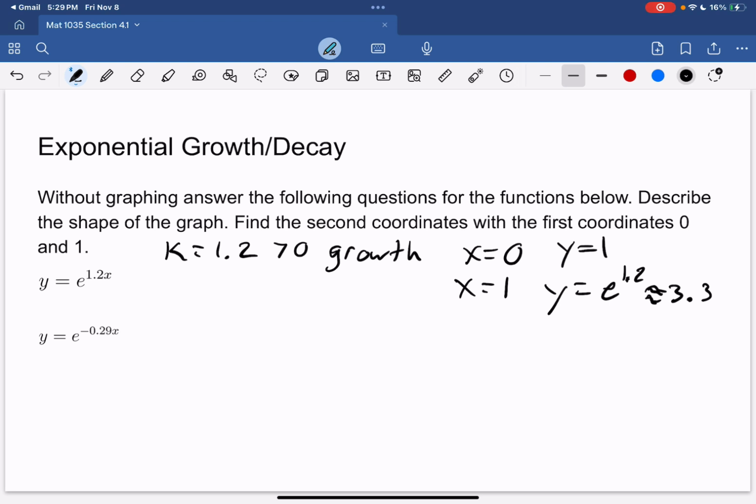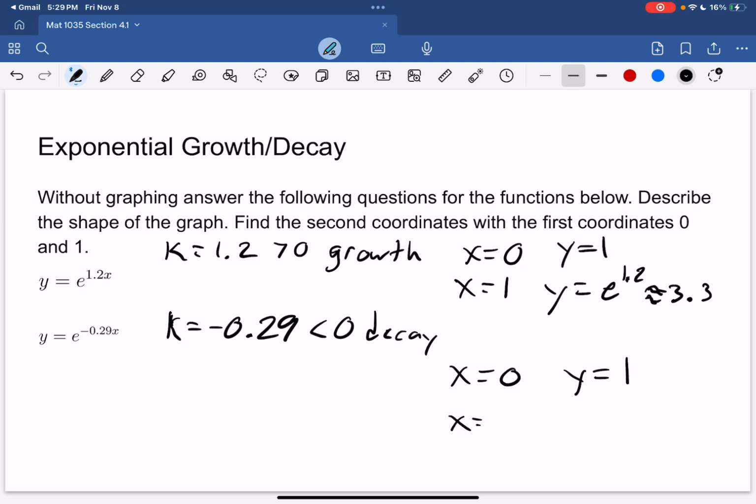All right. And so for our second example here, we have k is equal to negative 0.29, which is negative, and so it's less than 0, so we have decay. All right, so when x is equal to 0, y is equal to 1, still, that's good for us.